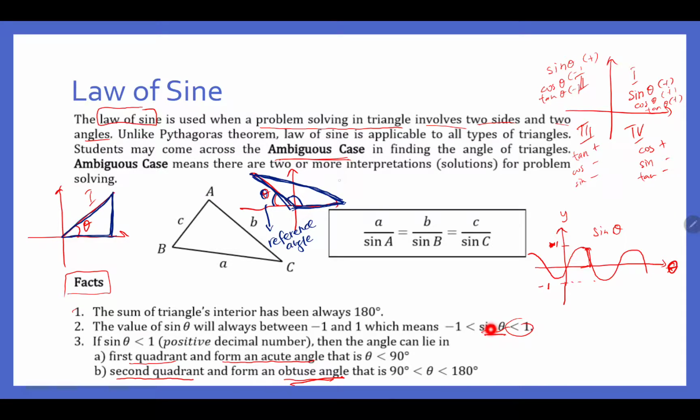Obtuse angle maksudnya ada salah satu vertex bucu dia di mana sudut dia lebih besar daripada 90 tapi lebih kecil daripada 180. Maksudnya dekat sinilah. Okay, so kita proceed next slide.